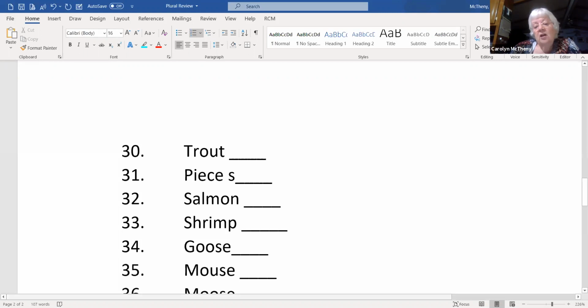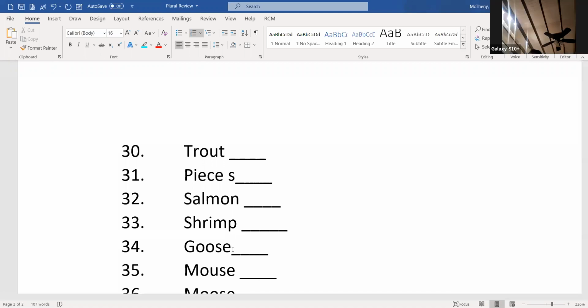Okay, let's take a look at the word goose. How would we make goose plural? We have one goose. We have two what?